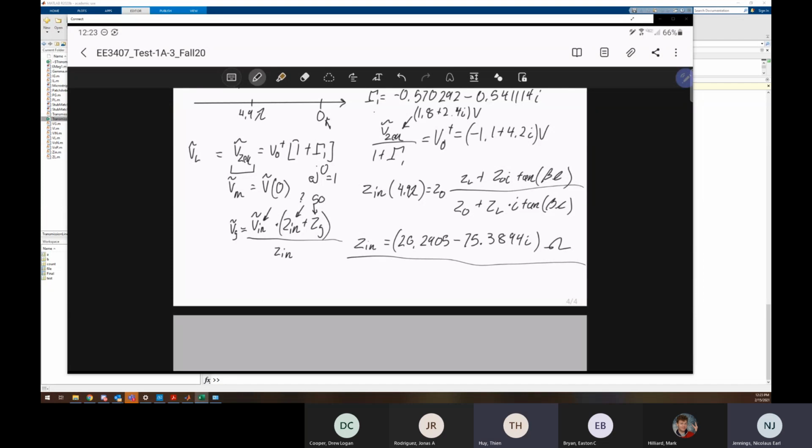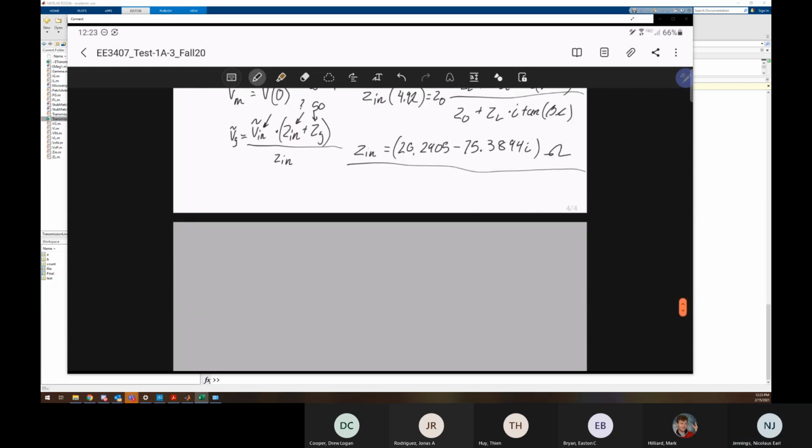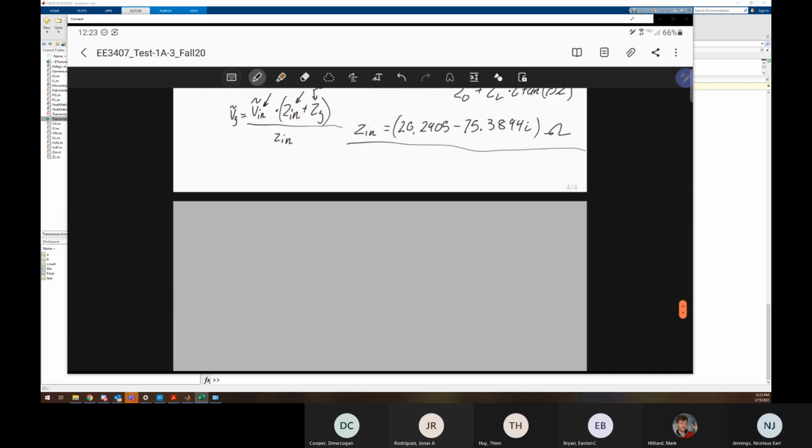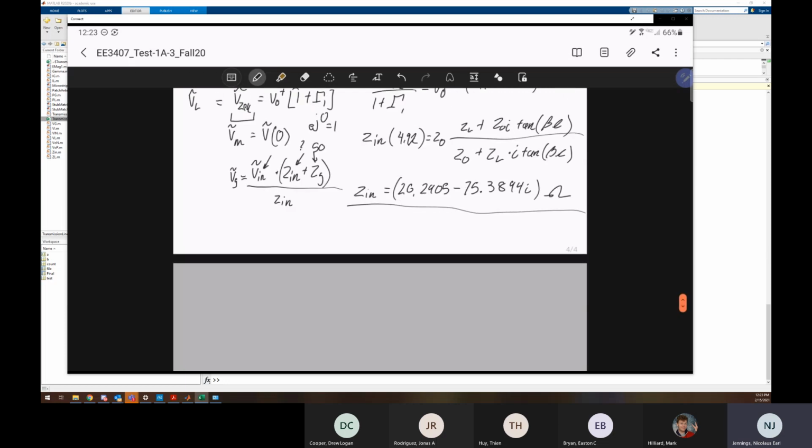Yes, that's what I got. Awesome. Okay. Anyone close to getting it or getting the same thing? I hope so, because if you have any questions about this equation, please ask.